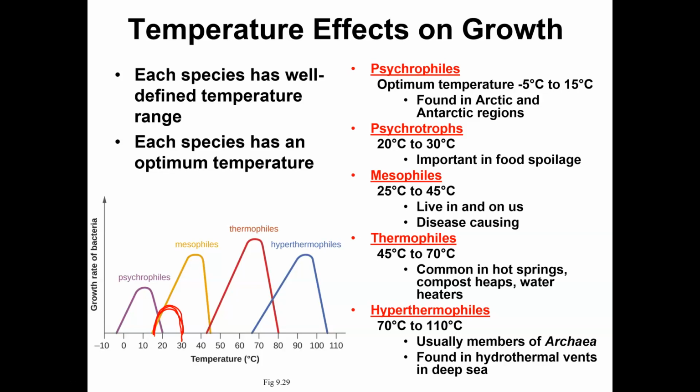Some folks argue they're more mesophiles than anything, but these guys tend to do better at temperatures a little colder than room temp, maybe refrigerator temps. And that's exactly where we look for them. Think food spoilage, right? You leave anything in the fridge long enough, it's going to go bad eventually, right? It's going to get green and fuzzy, slimy, whatever. Psychrotrophs.